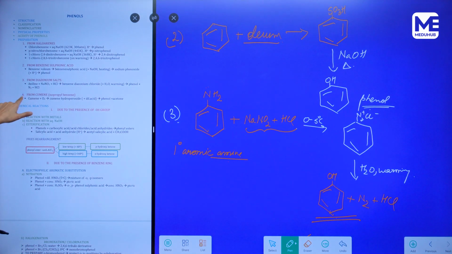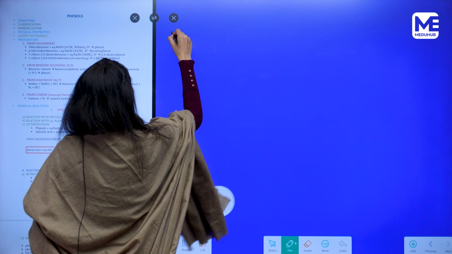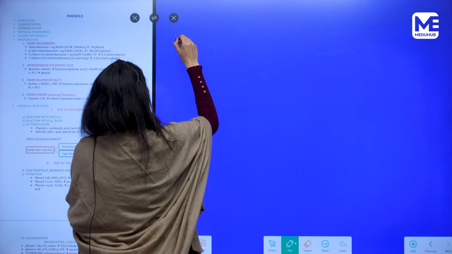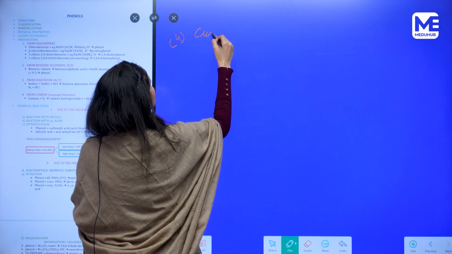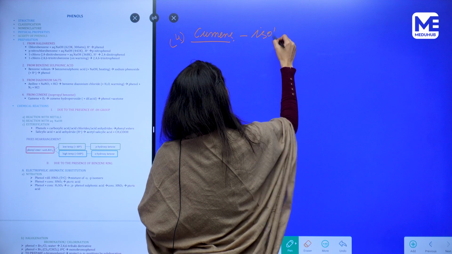The fourth method is from cumene. Cumene is isopropyl benzene.